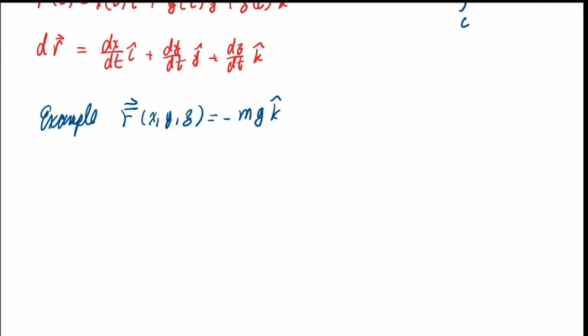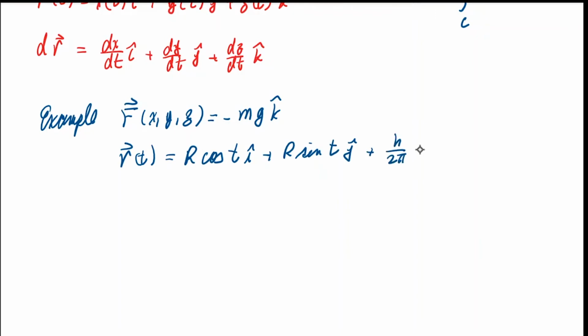Now, say we have a vector function like this. Let's take Stairway to Heaven. r cosine t i vector plus r sine t j vector plus, I'm going to put h over 2 pi, t k vector. Why would I want such a thing, right?